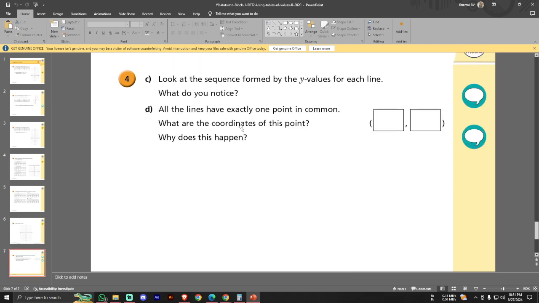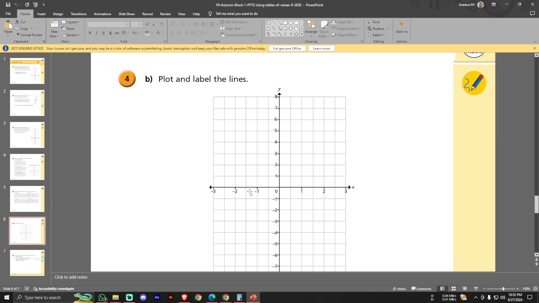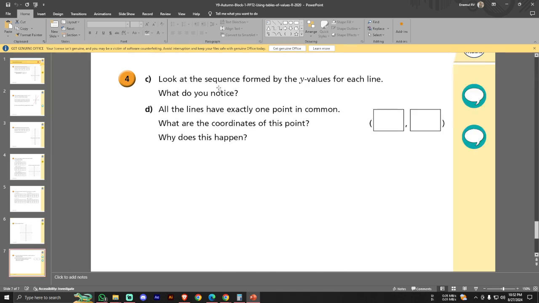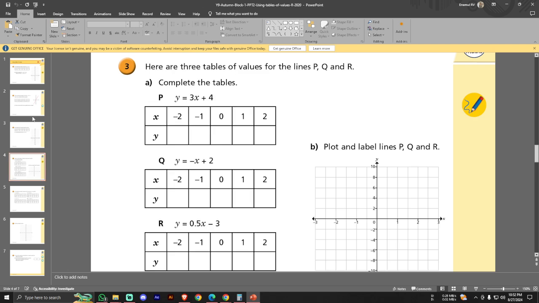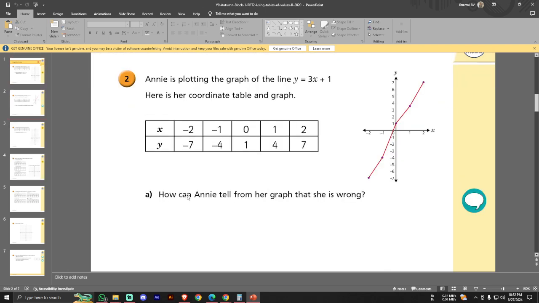And the last question is: look at the sequence formed by the y values for the line. What do you notice? We need the graph, otherwise we won't understand the sequence. So first you fill up the graph and then we will continue. So our study is done for today. Do you have any other questions?